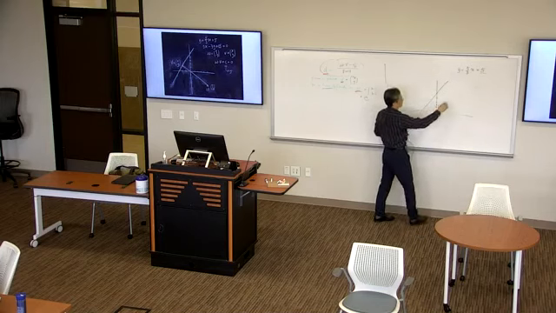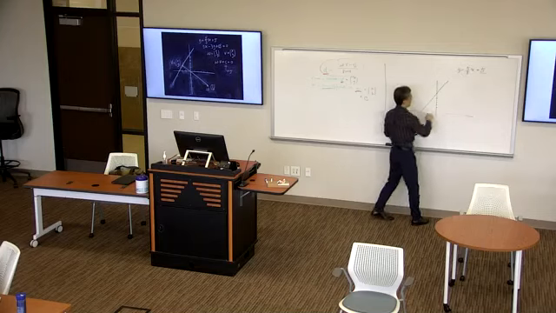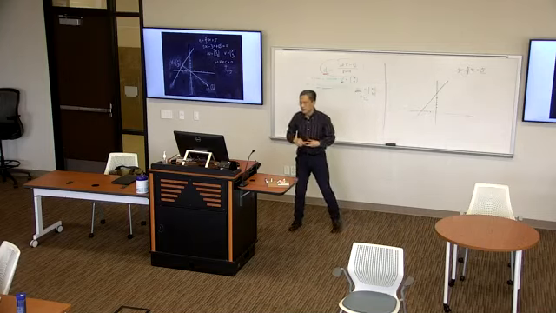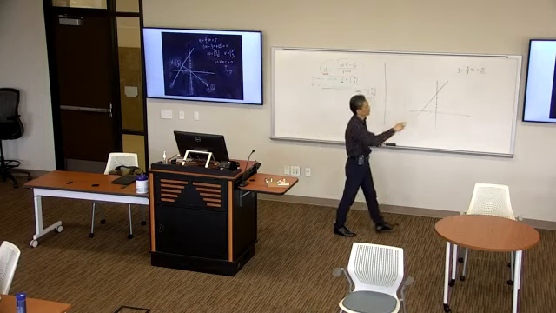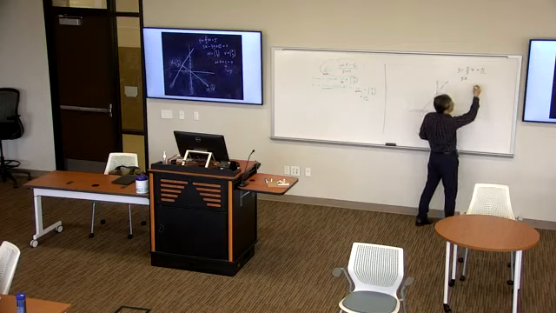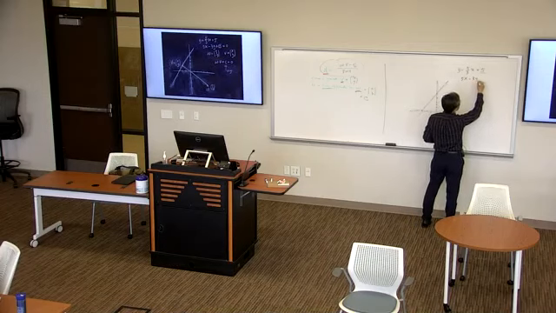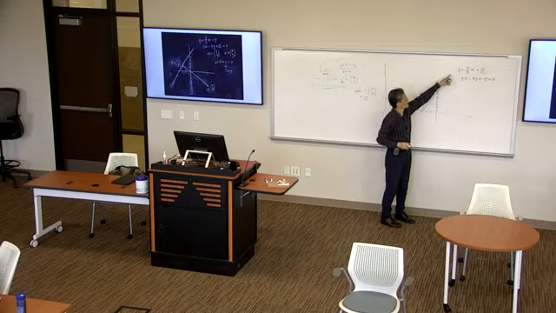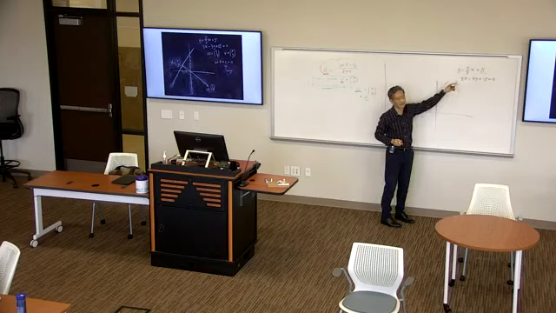So we just rewrite this into that form: 5x minus 3y plus 15. This and this are the same.